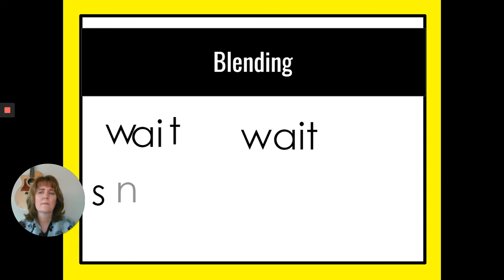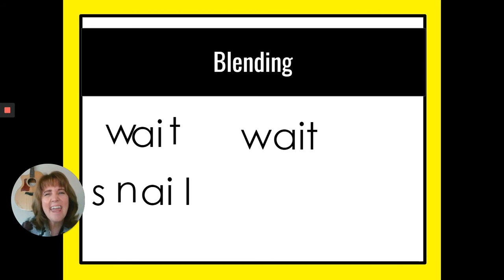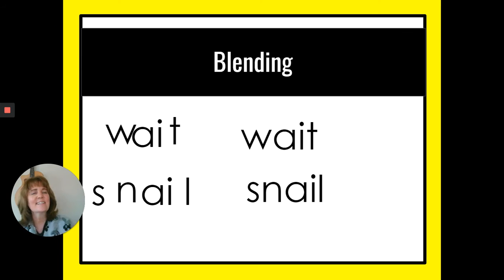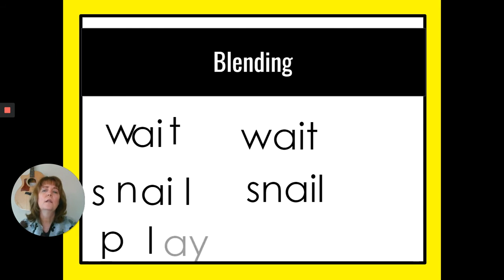S. N. There's that A-I. Snail. We saw a picture of a snail earlier, didn't we? There's the word snail. Let's see what's next. There's a P. P, L, A. Play. P-L-A-Y, play. I knew the A sound at the end of the word was spelled A-Y. That word is play.